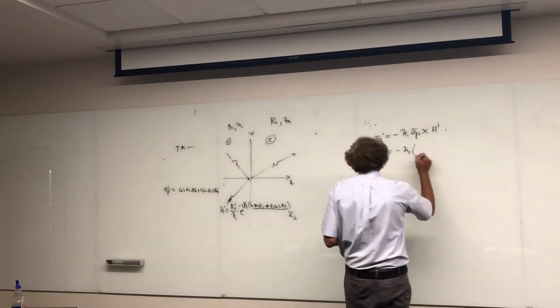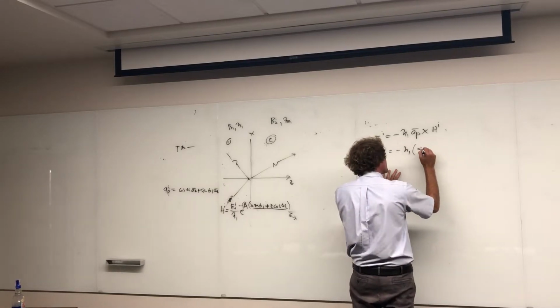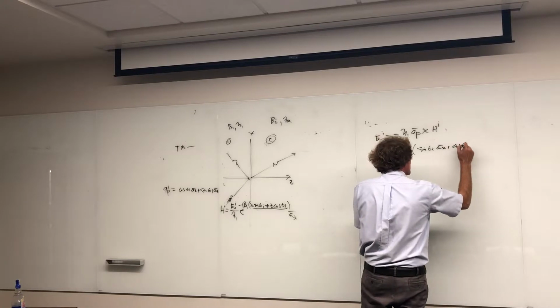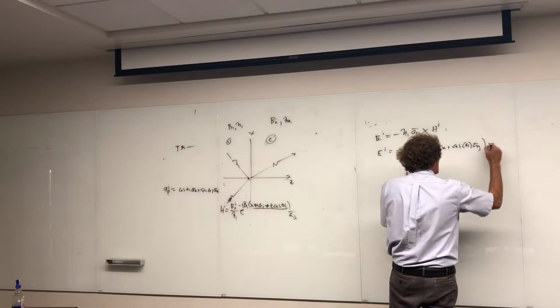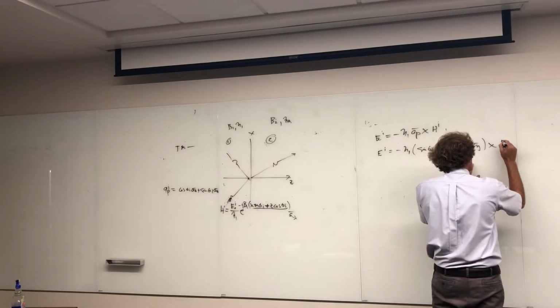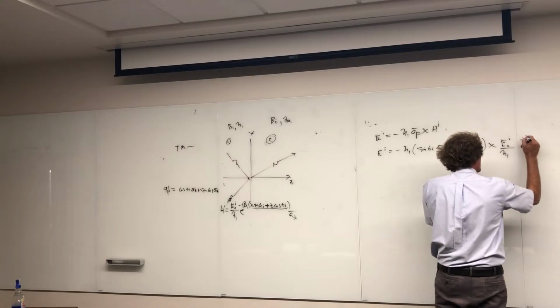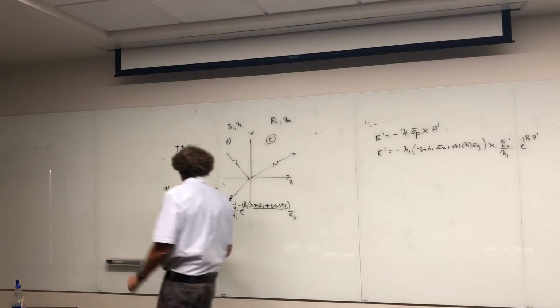So I put that in here, and I'll do the AX first. Sine theta incident AX plus cosine theta incident AZ, crossed into the H field, which is E naught incident over eta 1 times e to the minus j beta 1, and I'm just going to call it z prime because I hate writing that over and over again.